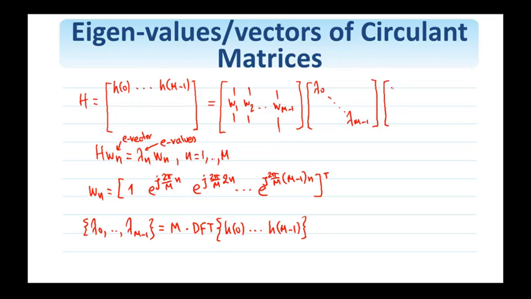This matrix is the first one, actually it should be 0 here, the first one, minus 1, it's an invertible matrix. So I can write any circulant matrix H as W D W-1, where again D is this diagonal matrix that has at its diagonal the discrete Fourier transform of the first row of the matrix.